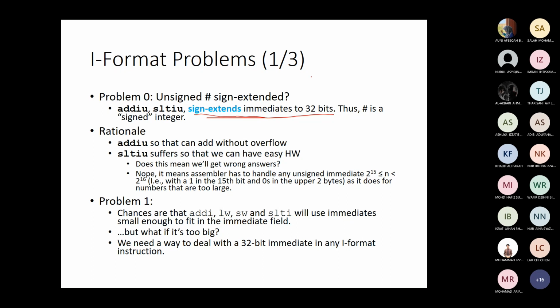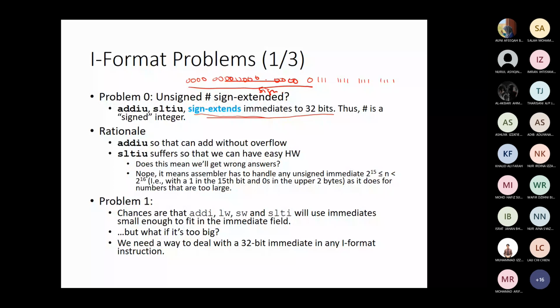So let's say your number is 0, then 111, and then 1, 2, 3, 4, 1, 2, 3, 4. When you sign extend it to become 32 bits, this is a sign bit, so this is a signed integer.